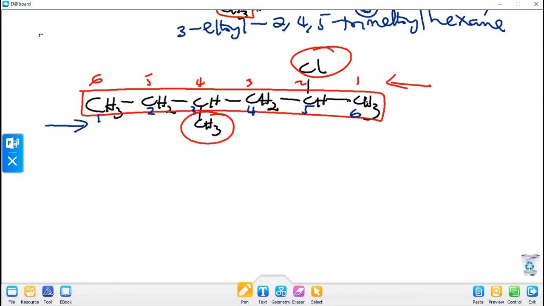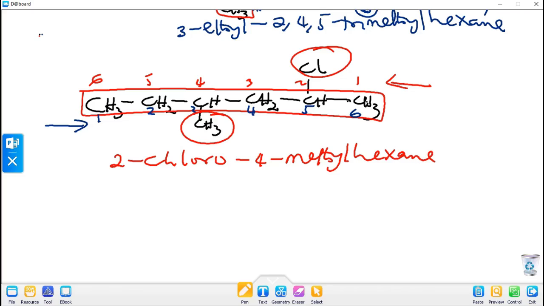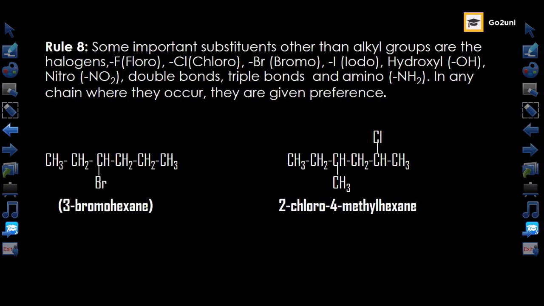So chlorine falls under carbon 2 if we are to start from the right. And that is why the name is 2-chloro-4-methylhexane. That is the name of that compound. So looking at the rule, it says that in any chain, there are important substituents that may be present.